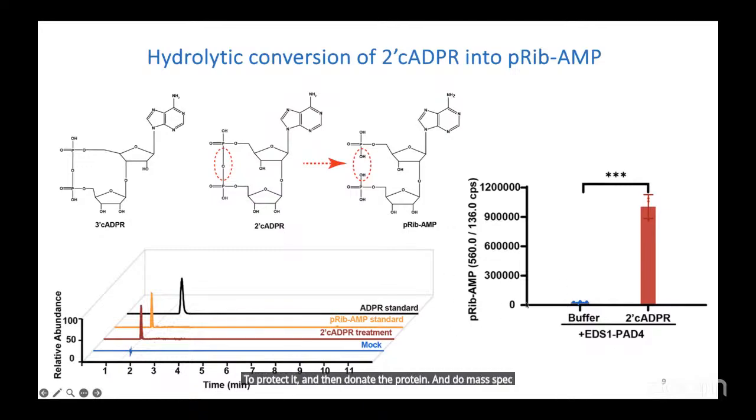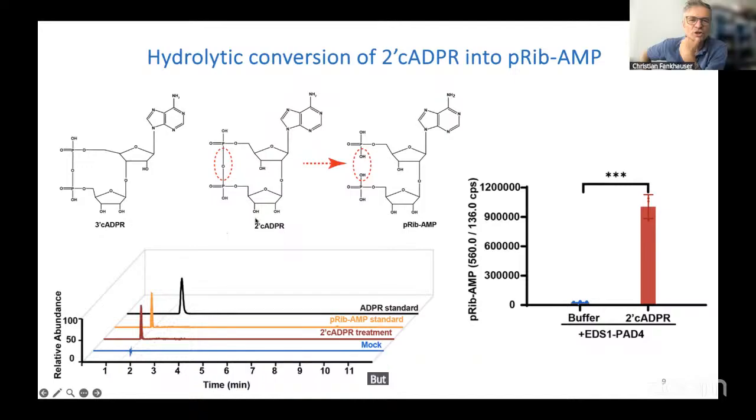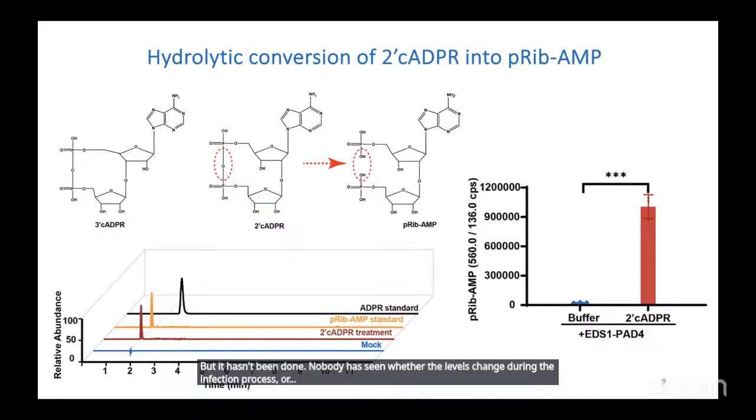So PRIB and PRIBP is a very highly unstable molecule in vivo for sure, and also in vitro is not that stable. But 2' CADPR is a stable molecule that we can try to quantify in vivo, I think. But it hasn't been done. Nobody has seen whether the levels change during the infection process. Okay.